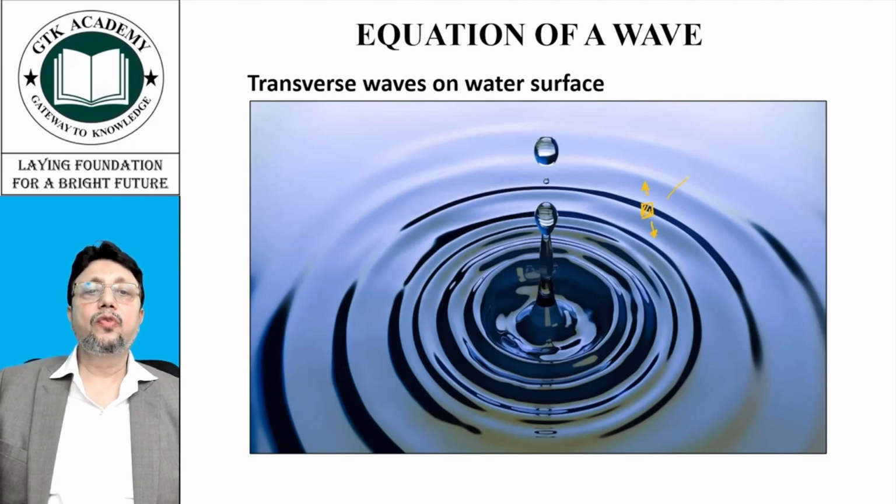It doesn't move in the direction of disturbance. The direction of disturbance is this, because these ripples are carried to the shore, right? But anywhere you put a cork or anything which floats, you will see that it only oscillates up and down, right?